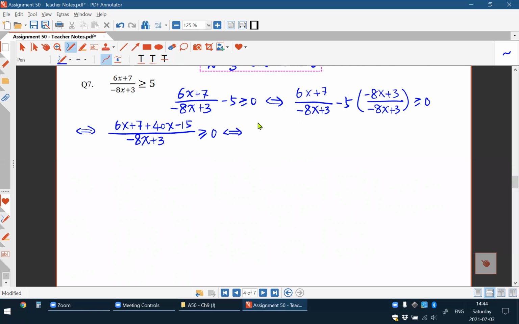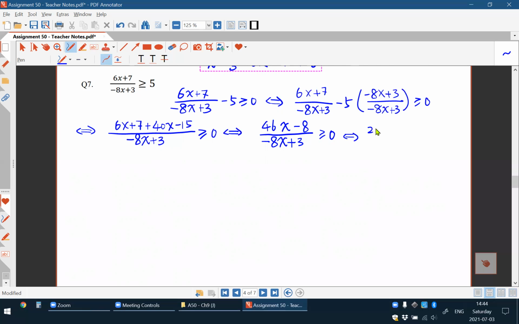And this means after simplification, we have 46x minus 8 over minus 8x plus 3. Note that here we can divide both sides by 2 to further simplify this.